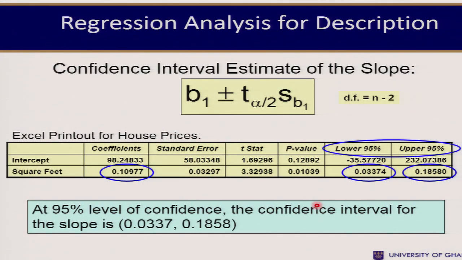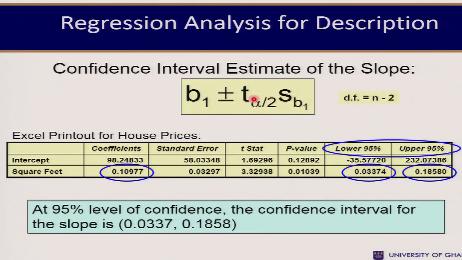We can also find confidence intervals for the slope. The upper limit for the confidence interval will be B1, that is the slope, plus or minus t alpha over 2, that is the critical value, multiplying the standard error.